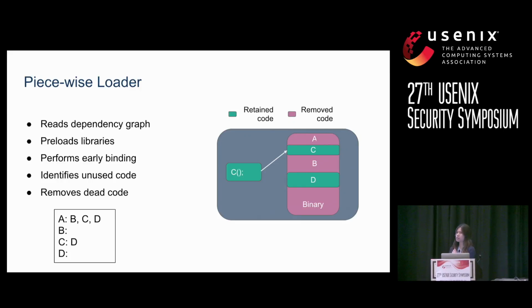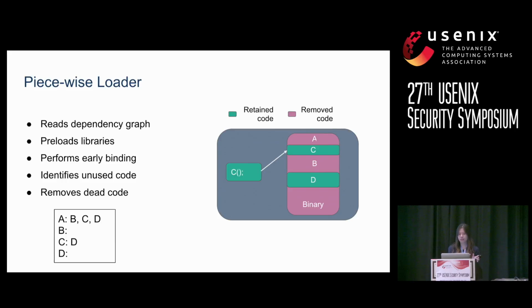So at a later stage, the piecewise loader will read this dependency graph, it does two things. It performs the regular functionality of the loader, and it also debloats the program. So it reads the dependency graph from the binary, preloads all the shared libraries, gathers the symbol binding information at load time to determine which functions to keep and which functions to discard.